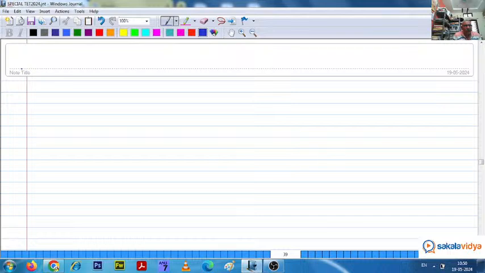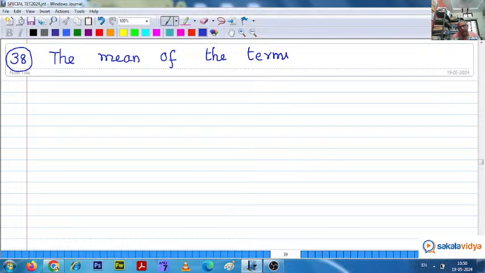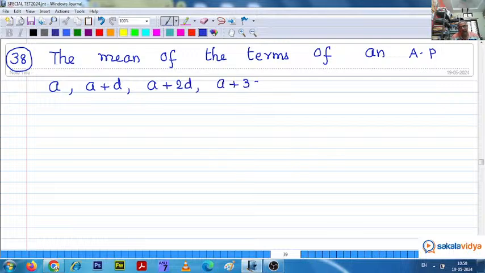38th question. The mean of the terms of an AP, A plus D, A plus 2D, A plus 3D and A plus 4D, is 20.